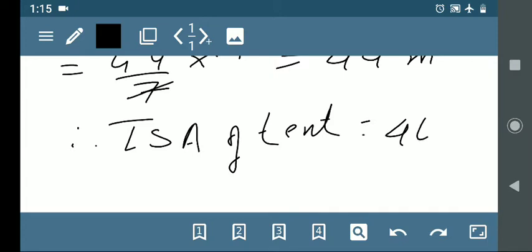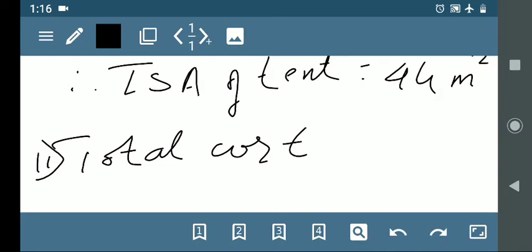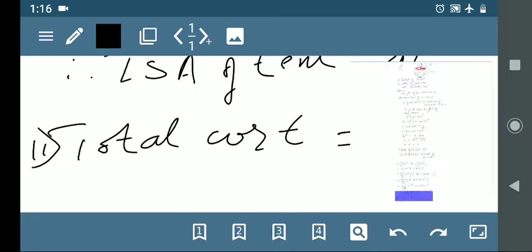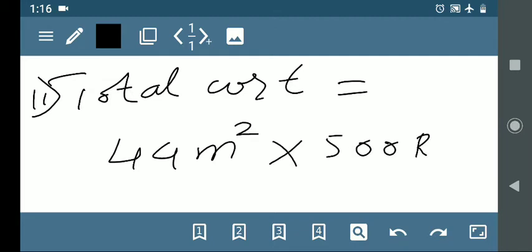Now total cost. Second is we need to find total cost. Total cost is equal to 44 meters of the canvas has been used into rupees 500 per meter square, cancel.